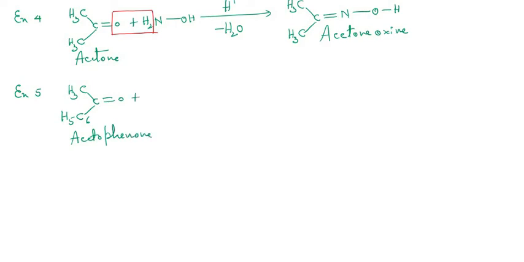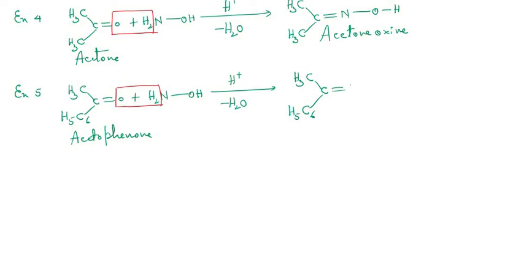When treated with hydroxylamine, in the presence of H plus, there is a loss of a water molecule, and we know that this H2O is lost, right? And our product is CH3C, then C6H5 double bond N single bond OH. The name of this compound is acetophenone oxime.